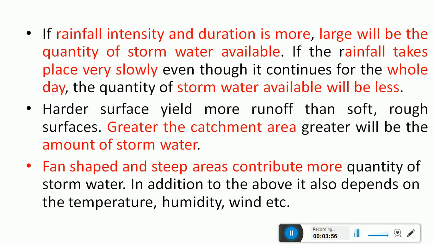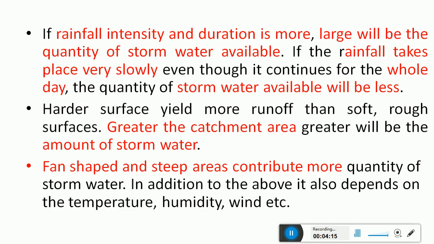In addition to the above parameters, the stormwater quantity also depends on the temperature, humidity, wind. If the ambient temperature of the area is more, the rate of evaporation will be more, and the rate of runoff will be less.